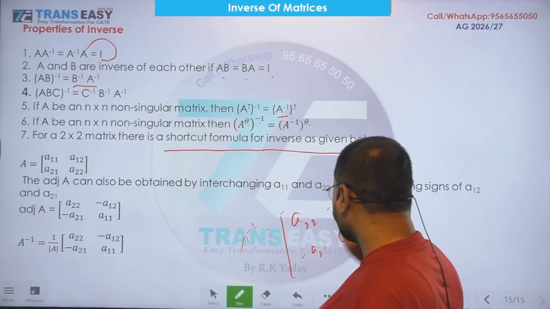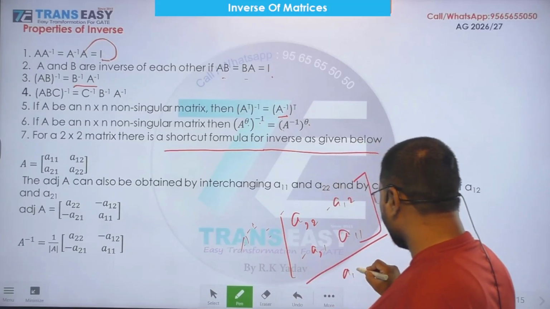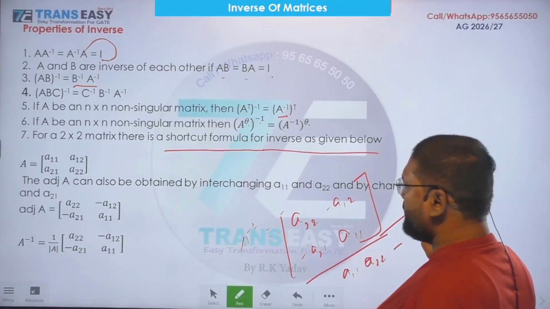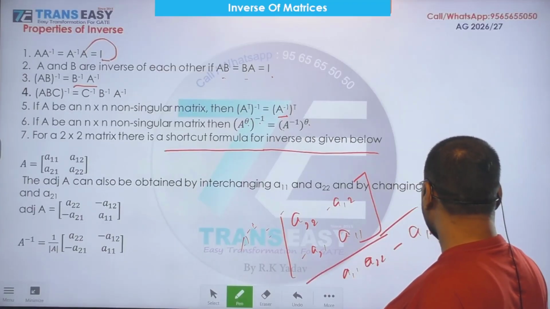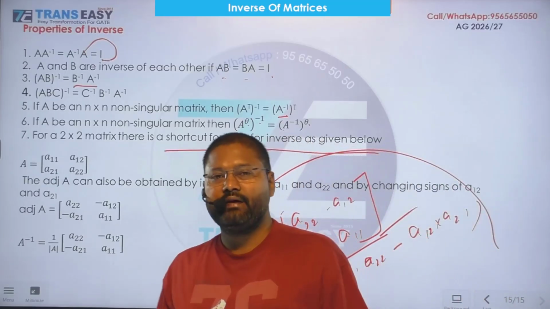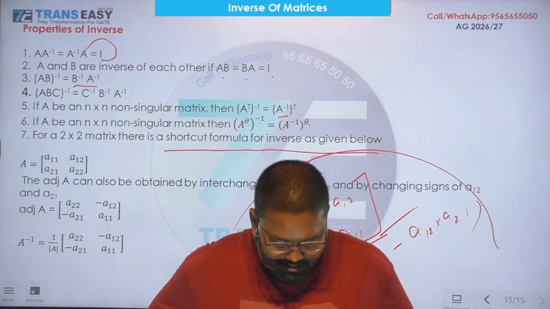So this is adjoint A divided by determinant of A: A11 into A22 minus A12 into A21. That's simple, right?